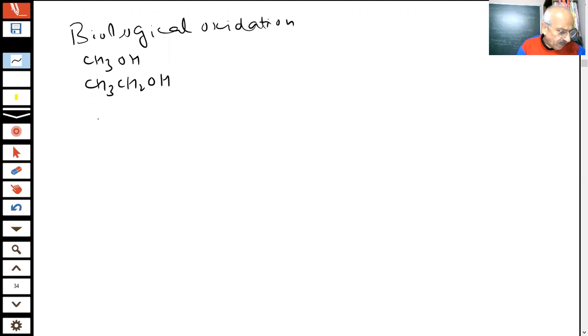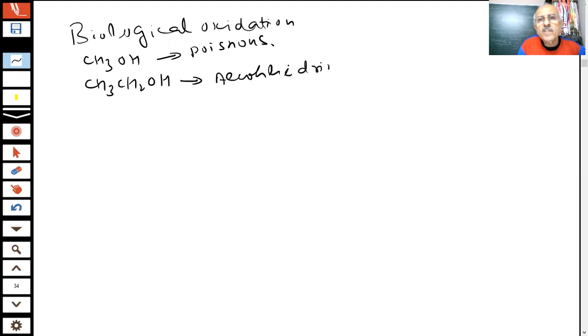Actually, methanol is poisonous, and ethanol is used in alcoholic drinks. If methanol gets mixed in the ethanol and people drink it by mistake, it can cause night blindness and even death.